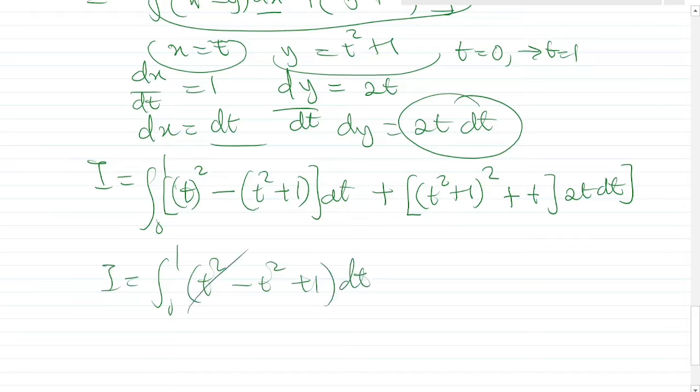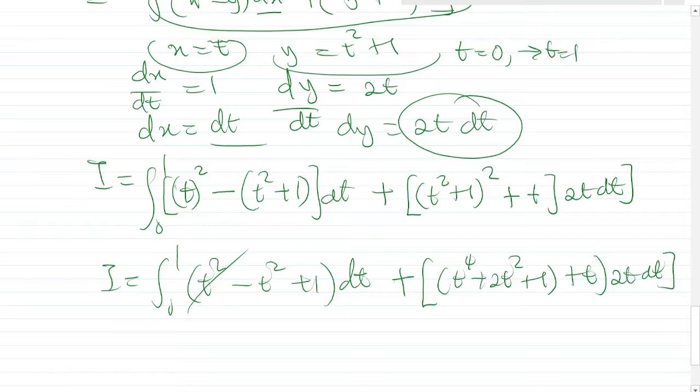So it is even clear that t squared will cancel t squared. But let's be patient. So let's complete this line. So we have plus, if you evaluate this one, t to the power of 4 plus 2t squared plus 1, then plus t. Don't forget everything here is multiplied by 2t dt.